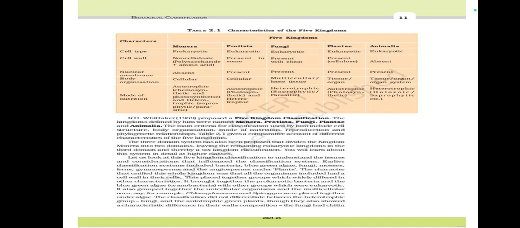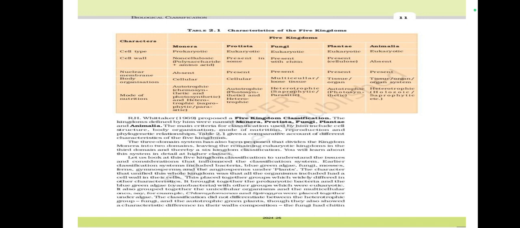Earlier classification systems included bacteria, blue-green algae, fungi, mosses, ferns, gymnosperms, and the angiosperms under plants. The character that unified this whole kingdom was that all the organisms included had a cell wall in their cells.